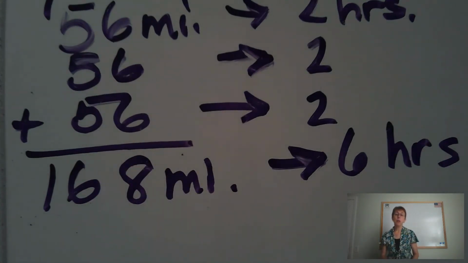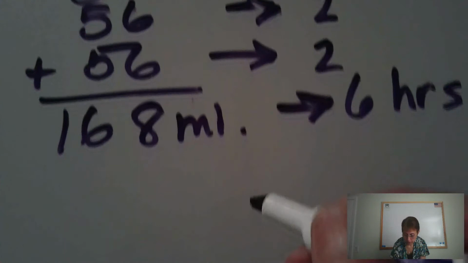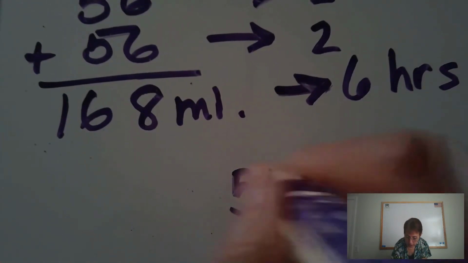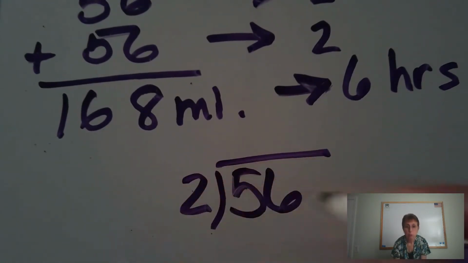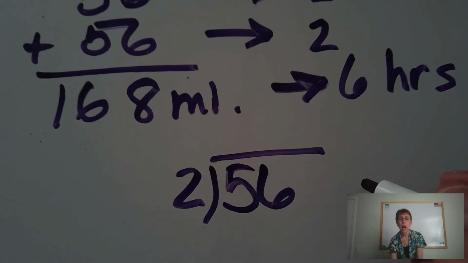Okay. Another possibility was, you look at the 56 miles and you say, well, if we travel 56 miles in 2 hours, how far do you travel in just 1 hour? So then you can take the 56 and divide that by 2 so we can see how far is being traveled each hour.